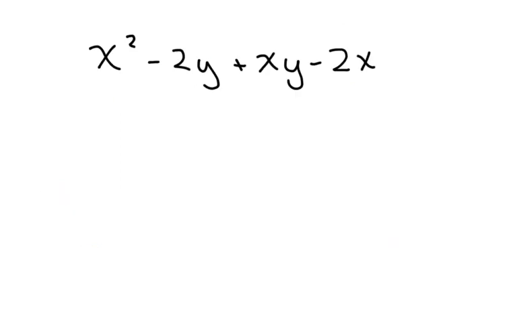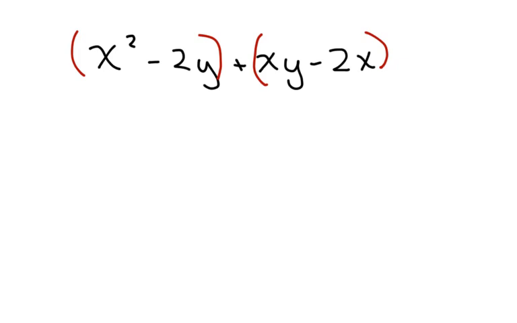Okay. Now here's one that I'm not sure if we can factor by grouping. I notice if I group the first two terms together and the second two terms together, I don't even have a greatest common factor in the first binomial.